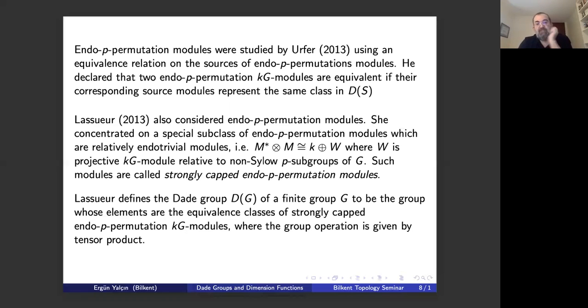So because of that, people sort of stopped working on this, thinking that maybe there should be a different definition, including maybe more modules than the subclass, more endo-p-permutation modules, which will allow the tensor induction also to be defined.